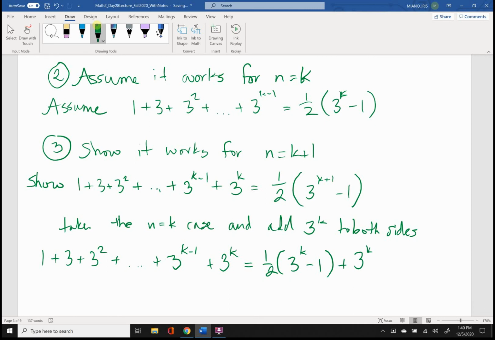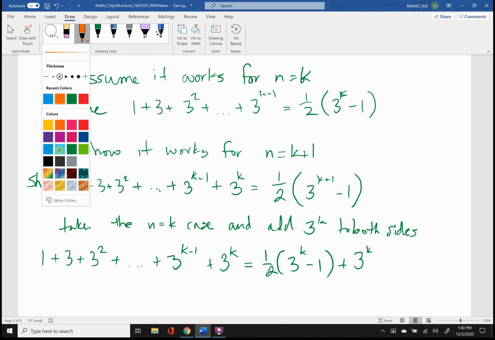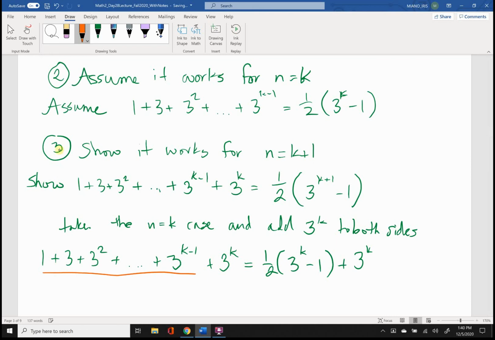Okay, so to be abundantly clear, in orange I'm going to underline the n equals k case and show that I added 3 to the k to both sides.